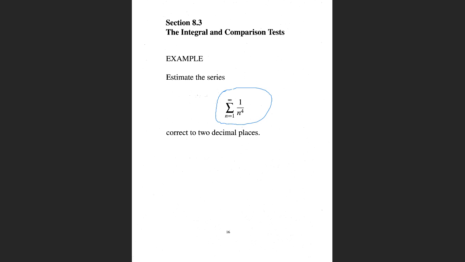So the idea here is that we could, like what you've done before, the question will say add the first 10 terms of the series. But remember that one problem where you had to add the first 2 terms of the series, and this is on the exam, then the first 3 terms, and the first 4 terms, and eventually, hopefully, you get an idea of what the sum of the series is.